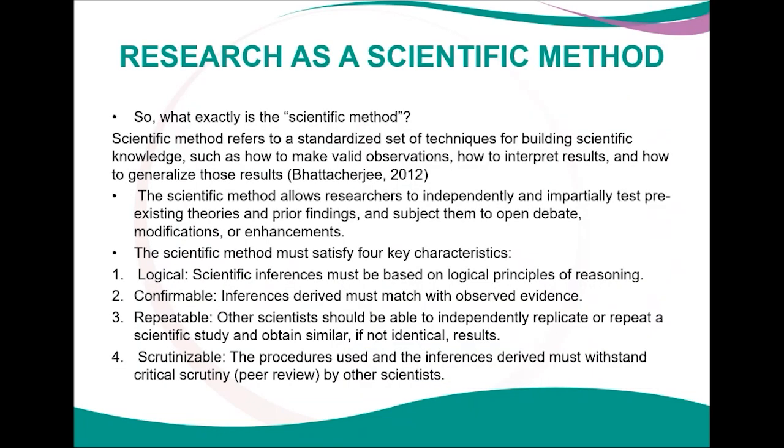So what do we mean by saying research is a scientific method? What exactly is a scientific method? Scientific method refers to a standardized set of techniques for building scientific knowledge, such as how to make valid observations, how to interpret results, and how to generalize those results.